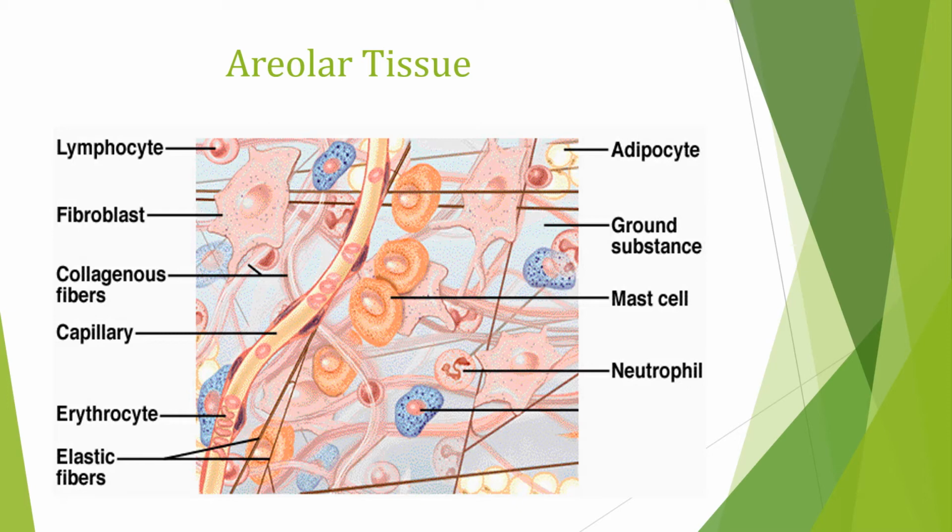You can see lymphocytes, histiocytes, mast cells, lymphoids and fibers are present in it. You can see collagen fibers, elastic fibers, and you can see large intercellular spaces between the cells.